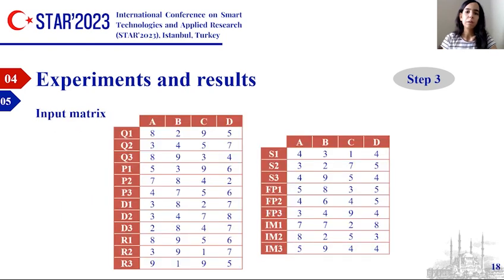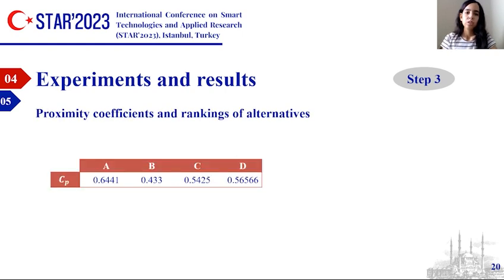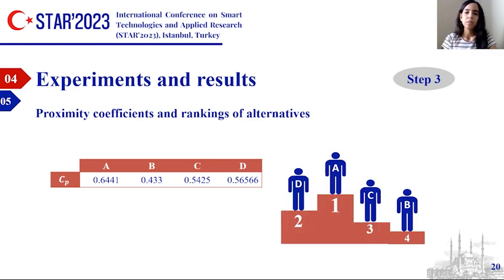To apply the TOPSIS method, we use an input matrix that includes 4 suppliers. Each of the suppliers has a value for each sub-criterion. Next, we proceeded to calculate the approximate coefficient by following these steps. So we found these results, and this is the corresponding ranking.